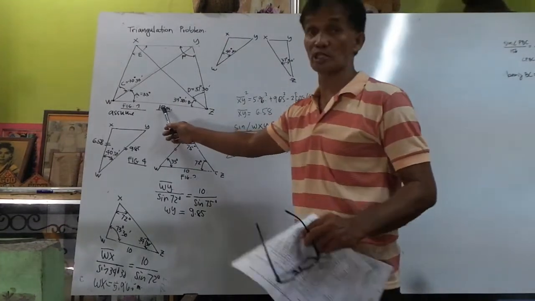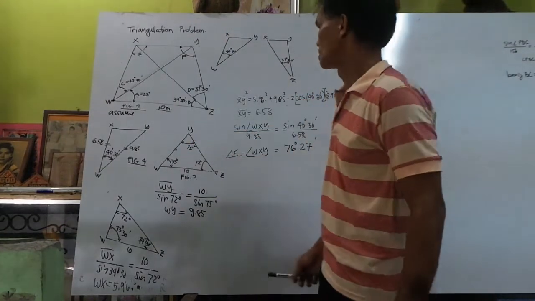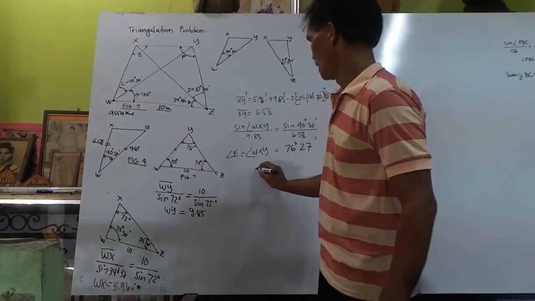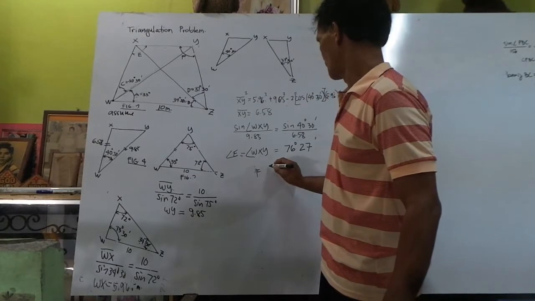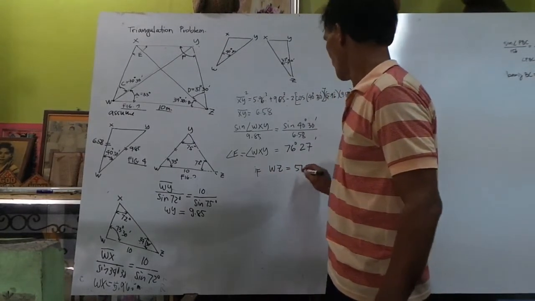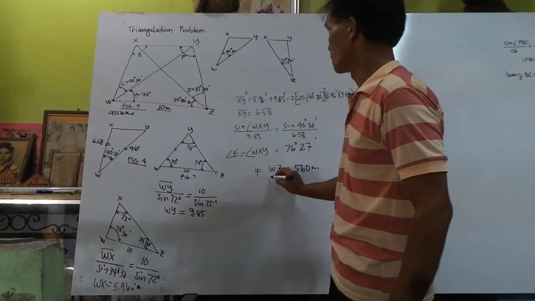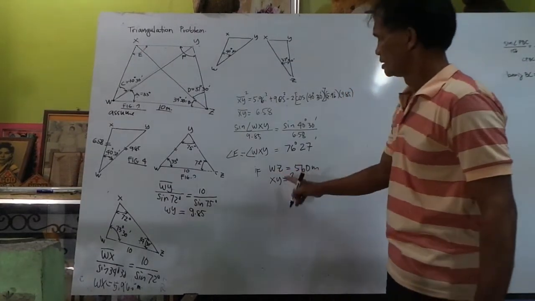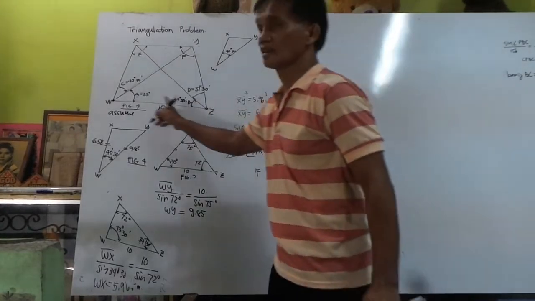Take note, this is really an assumption that we have. So if WG is 560 meters, what is your XY line? Meaning to say, it is based on the assumption.